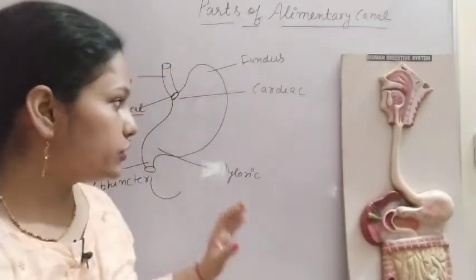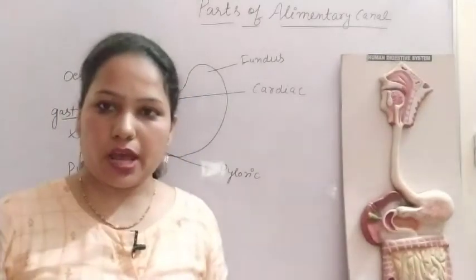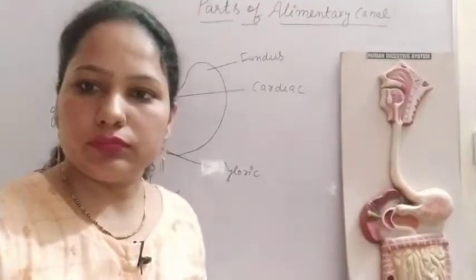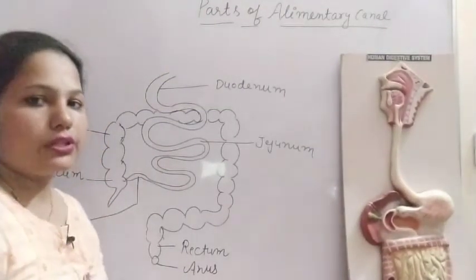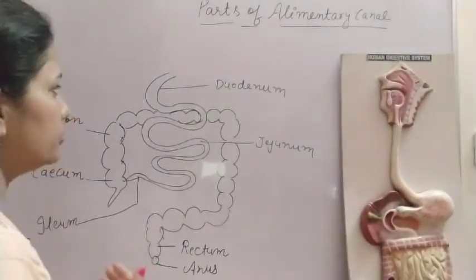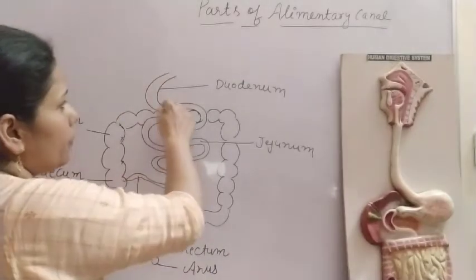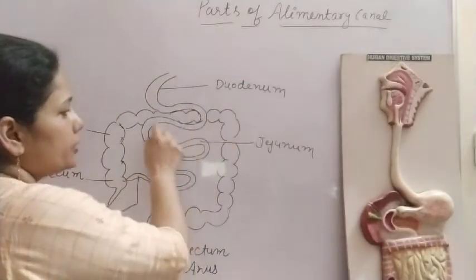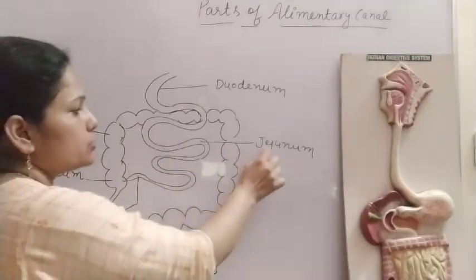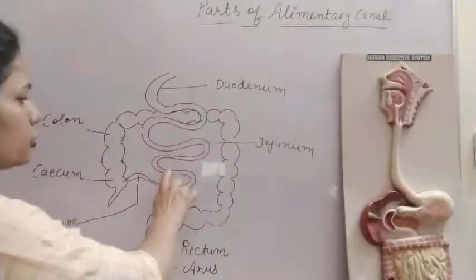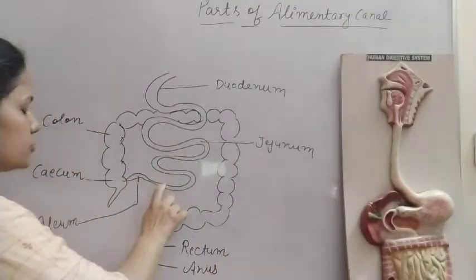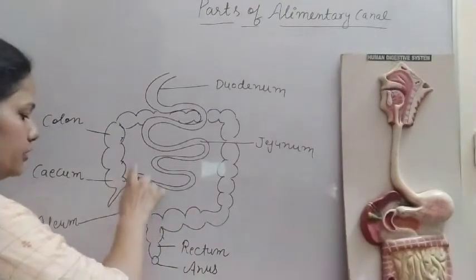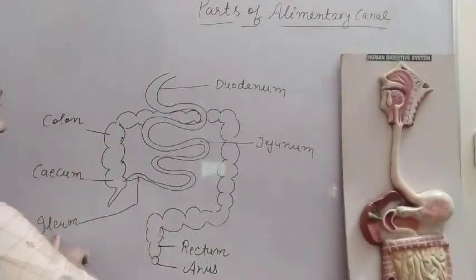So now we have to discuss the small intestine. In the small intestine, there are three parts: the C-shaped part, the duodenum, then the highly coiled part known as the jejunum, and the part of the small intestine which is attached to the large intestine, known as the ileum.